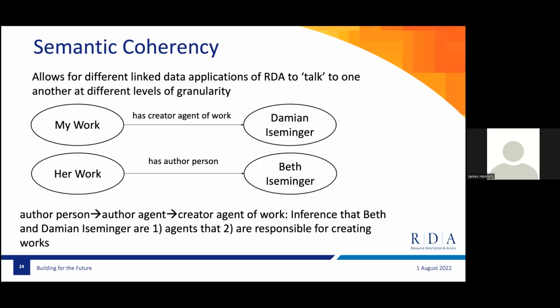We can only say that he's a creator, and consequently, all we can say is that both Damian and Beth create works. But we can't say that we know for sure Damian is an author. So as you can see, the choice of how granular you are will affect how different applications of RDA can talk to one another. But there's always a basic level of semantic coherence.